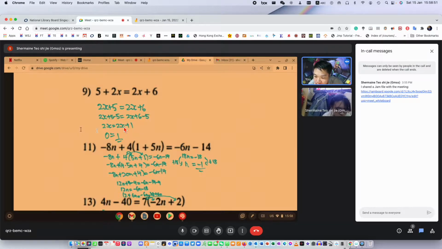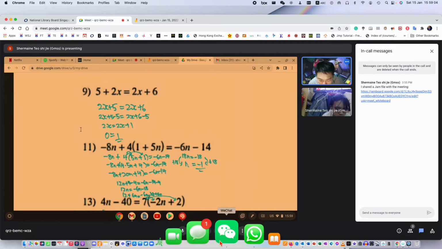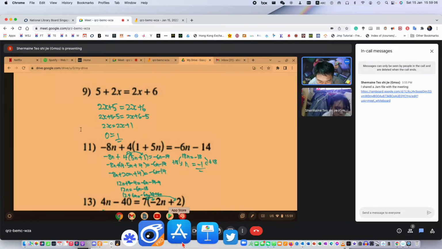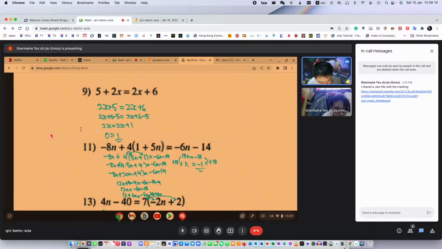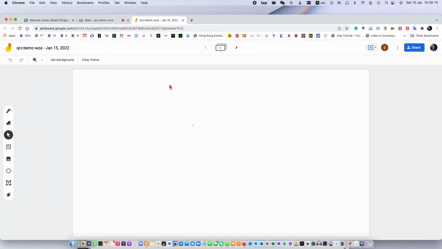This question is funny. So x is actually equal to 0. So over here you should write 0x equals 1. What is this? Is there something wrong with this question? Let me see. Okay, let me just go to the Jamboard.